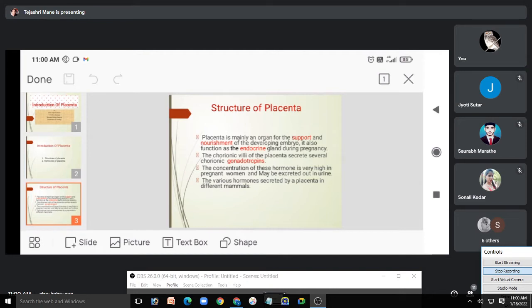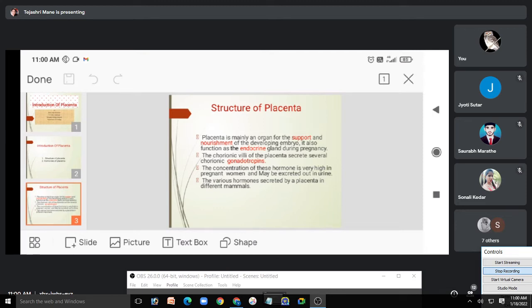The chorionic villi of the placenta secrete several chorionic gonadotropins. The concentration of these hormones is very high in pregnant women and may be excreted out in urine. This can form the basis of several pregnancy tests. The various hormones are secreted by placenta in different mammals.